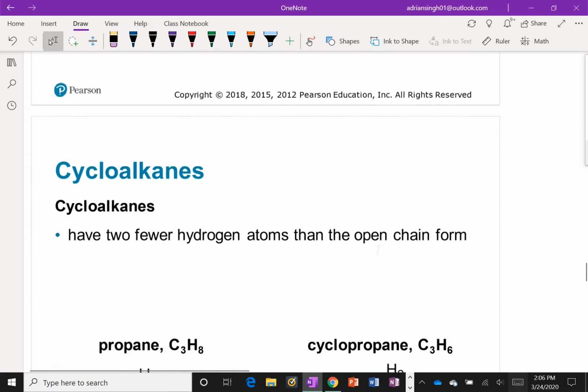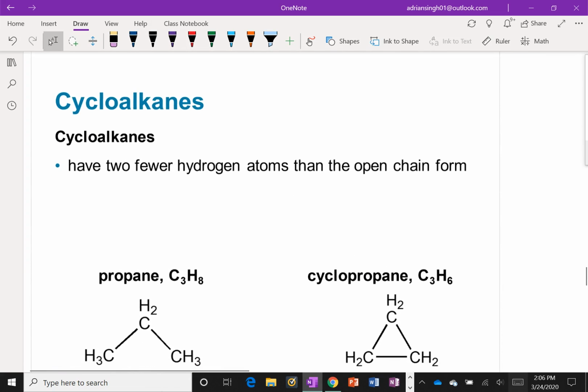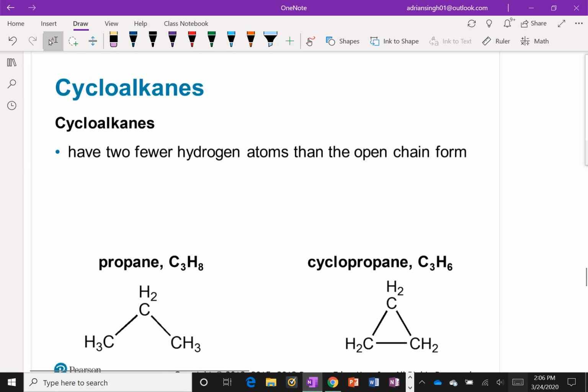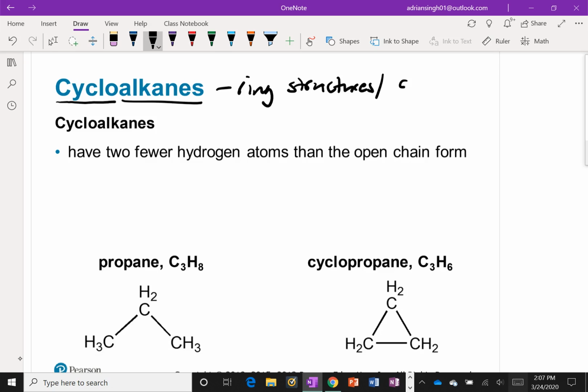I want to jump into another aspect of organic compounds that we talked about at the beginning, which was the fact that your carbon-containing compounds can easily form cycles or rings. And when you have cycles or rings that contain carbon-carbon single bonds, we call them cycloalkanes. So these are ring structures or cyclic structures.